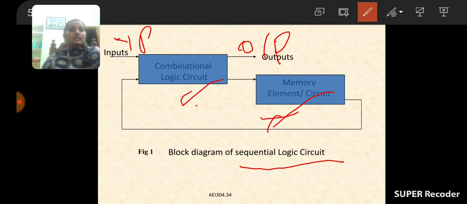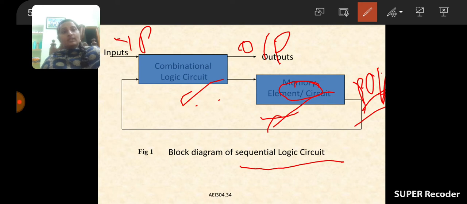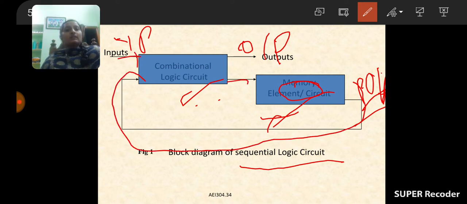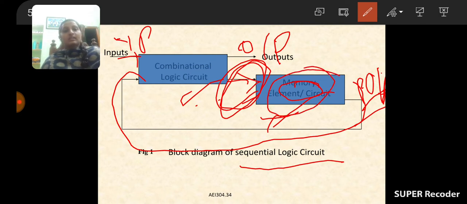But in sequential logic circuits, the present output must be stored in the memory elements, and it must produce the present output. So here the present output depends on the present input as well as the previous stage output. To store the previous stage output, one storage element or memory element is used.